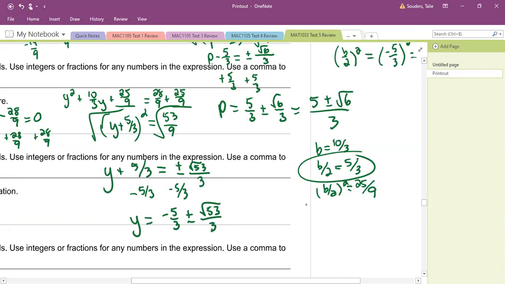Then, since the denominators are the same, you can go ahead and combine the numerator if you would like. So any questions on complete the square before we try a couple quadratic formula problems? No?